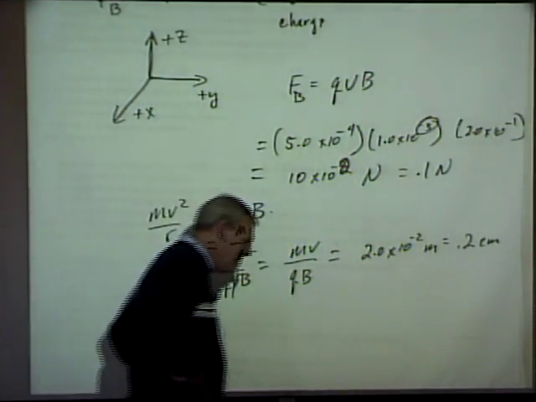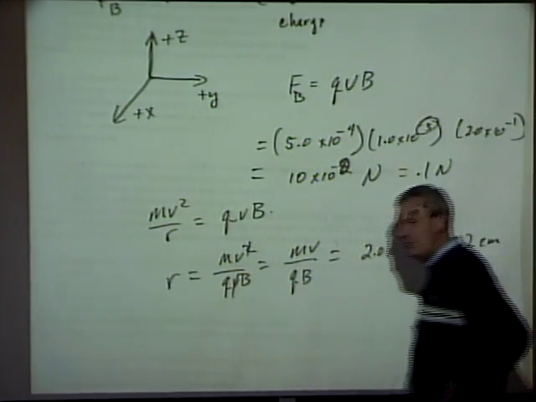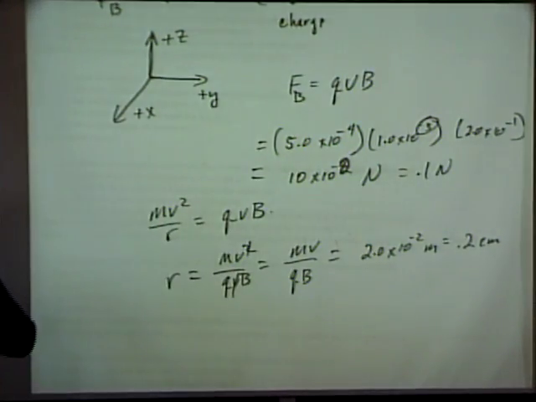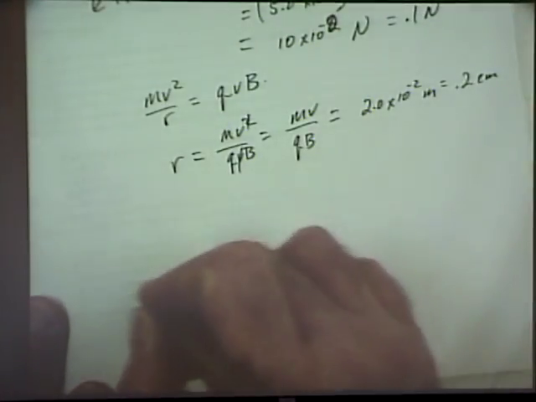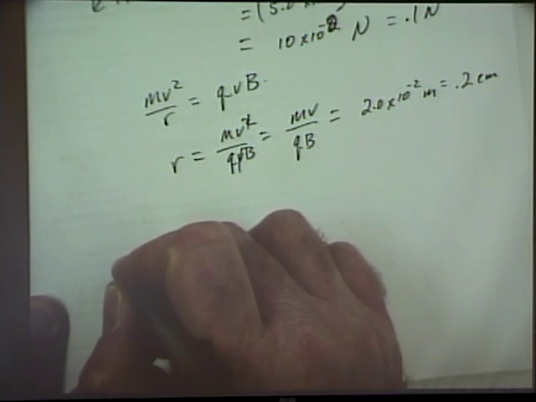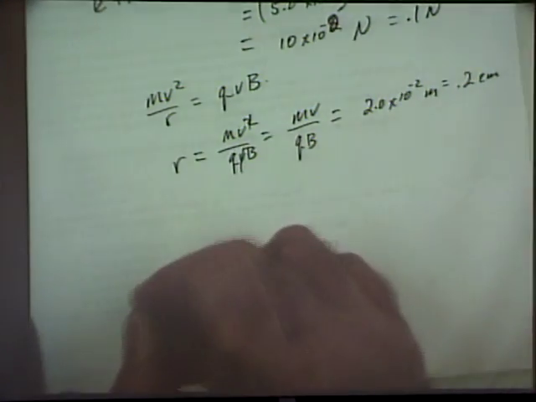Okay, if you were taking a multiple choice test question or something like that, and it said that a particle is traveling at a velocity that's perpendicular to a magnetic field, and we've got 3 particles entering it, and they all have the same velocity, but one particle looks like this.